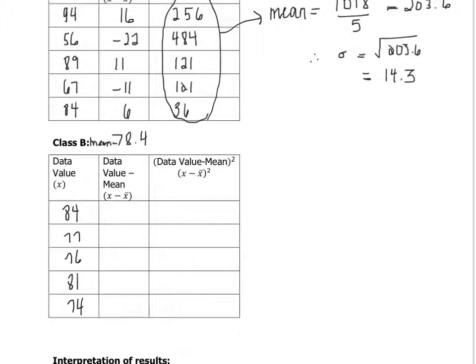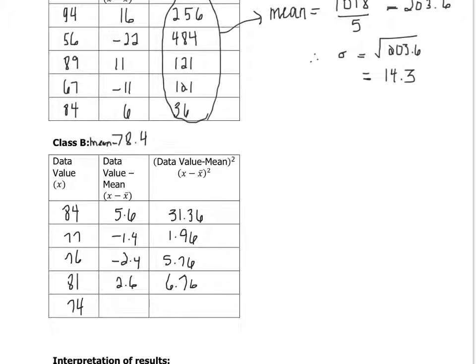So if you take each data value, 84 minus 78.4, we get 5.6, and if we square that, we get 31.36. 77 minus 78.4 is negative 1.4, squared is 1.96. 76 minus 78.4 is negative 2.4, squared is 5.76. 81 take away 78.4 is 2.6, squared 6.76.